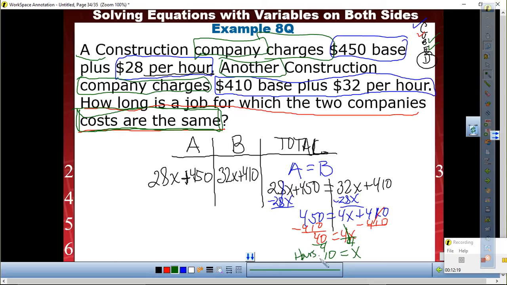Hours. All right, let's answer the question. How long is the job for which the two companies' costs are the same? Check this out. For those of you that have difficulty coming up with a sentence, the easiest way is using the question. A job for which the two companies' costs are the same is 10 hours.